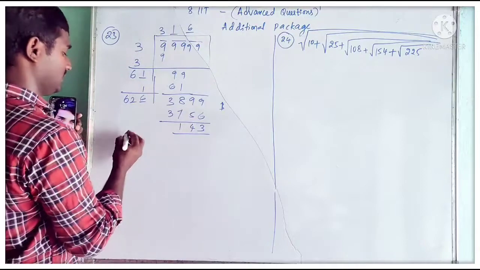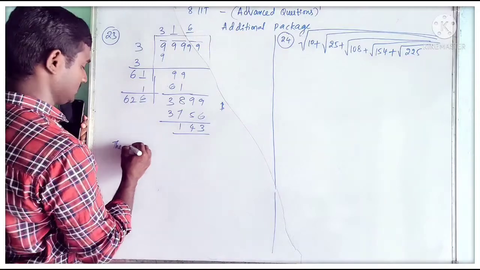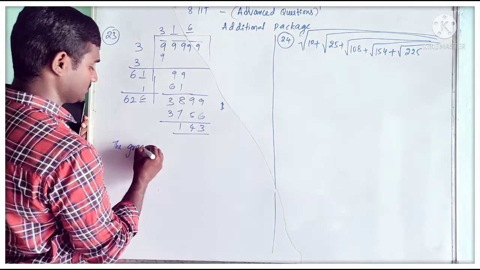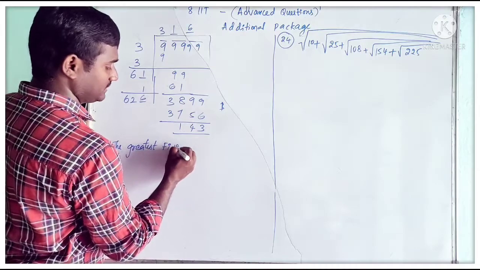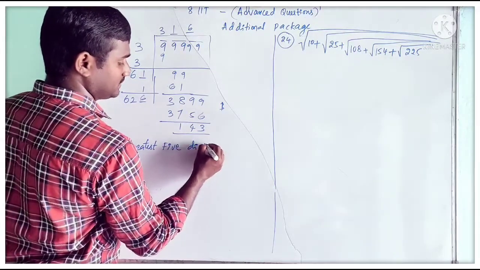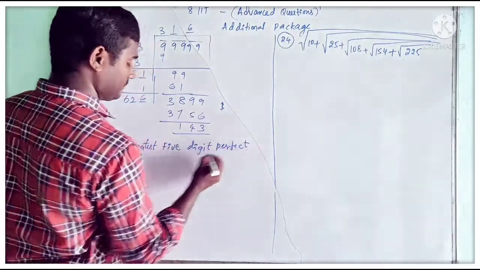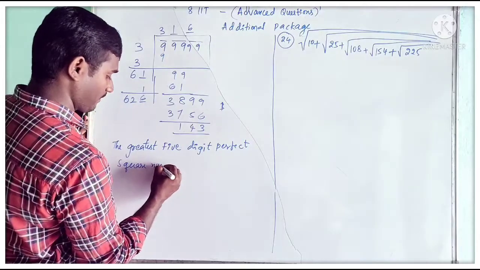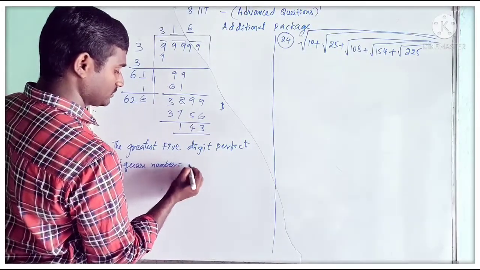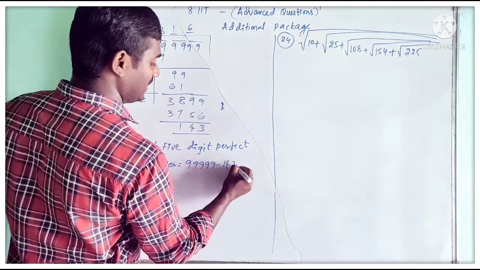Okay, so therefore the greatest 5-digit perfect square number is equal to 99,999 minus 143.